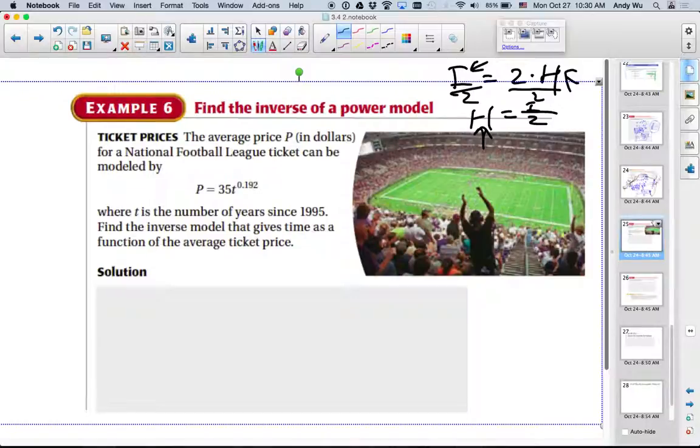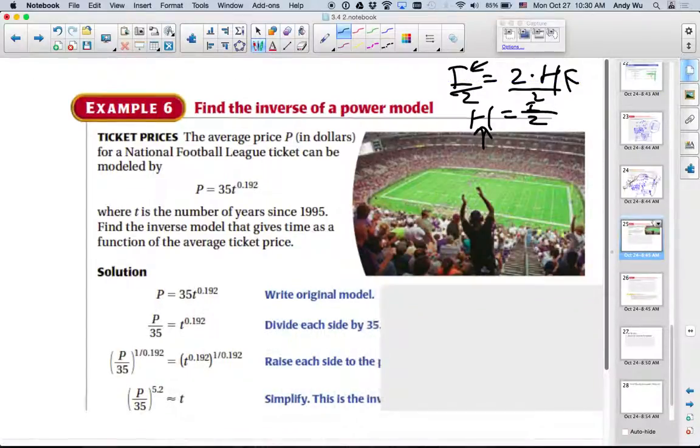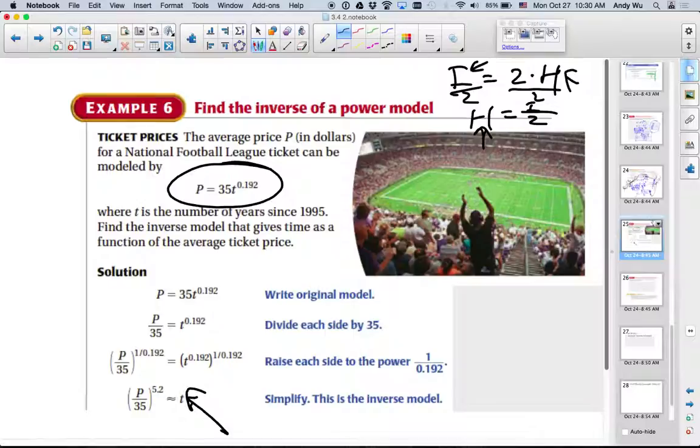Give me 1 second here. I'll do this quickly, and I'll answer more questions tomorrow. So when it says to do the inverse of this function, the goal is to solve for t. That's the first part. The second part, the tricky part is, when you have a decimal power, you would divide by the same decimal on both sides to cancel out the power.